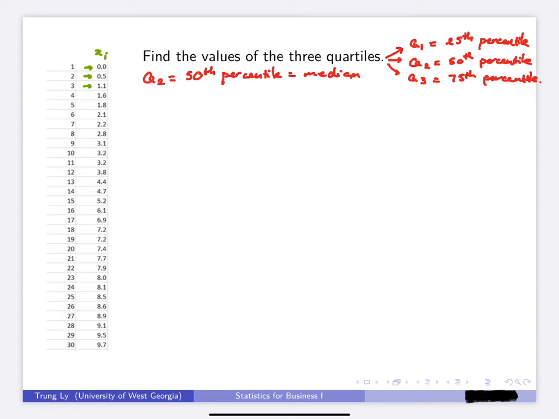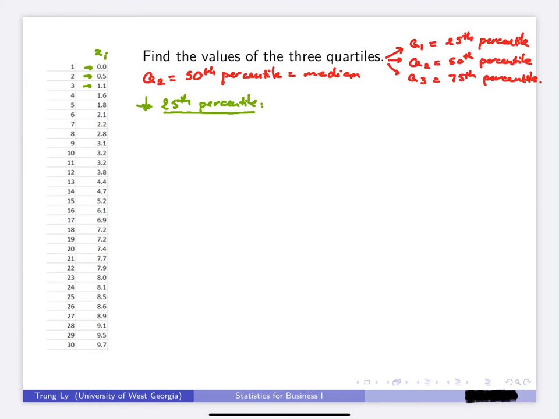Let's look at the 25th percentile. Now the data points have been arranged in ascending order for us, so step 1 has been taken care of.